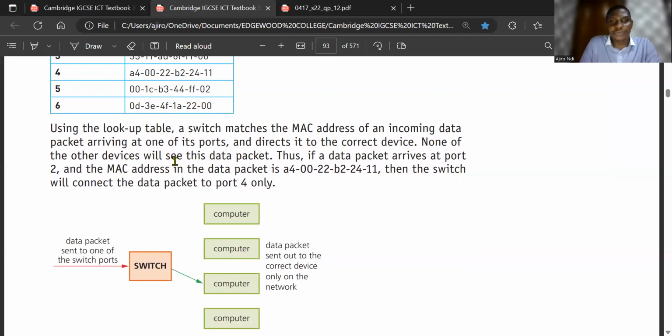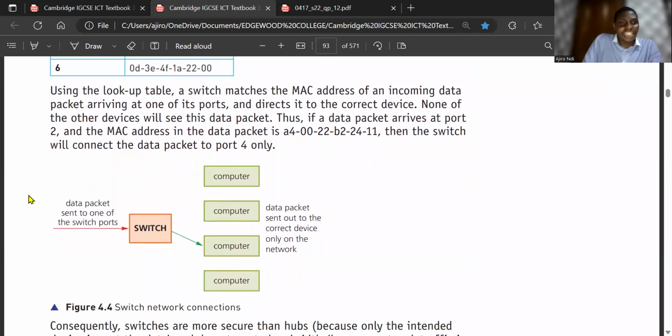None of the other devices will see these data packets. So if the data packet is sent to the switch and it's meant for that computer, it's going to send it to that computer. That's why I like showing you pictures, so that by the time you see them, you can understand it. But a hub sends to everything.